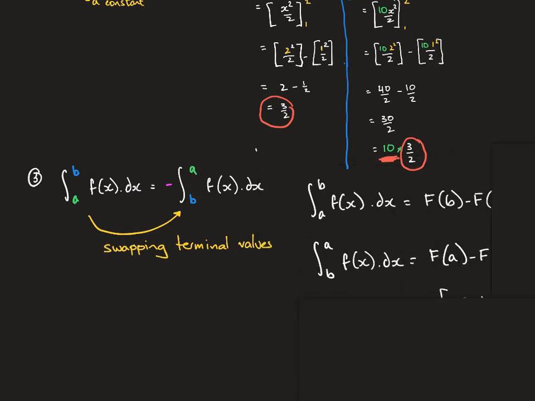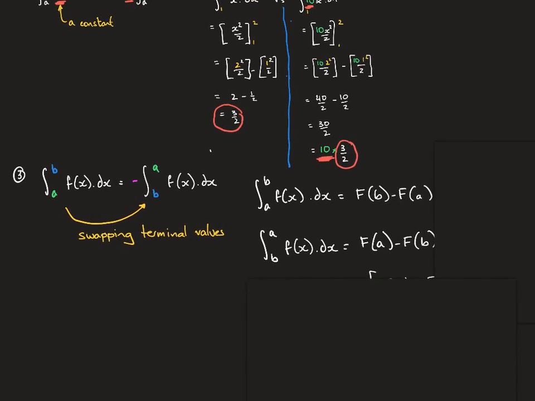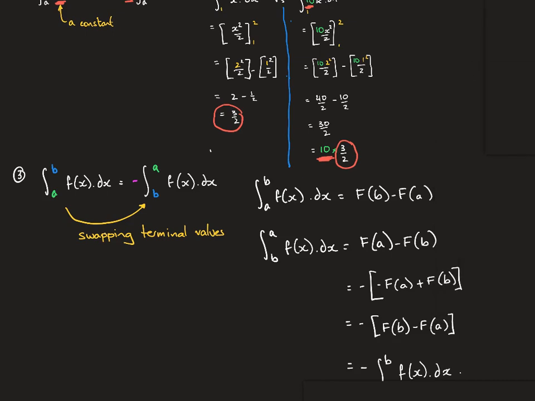So we've got the original version here from a to b, so it's F of b minus F of a. Now I'm going to swap the terminals, and I now get F of a minus F of b, which, if I do some algebra and multiply the whole thing by minus 1, gives you a swapped sign.